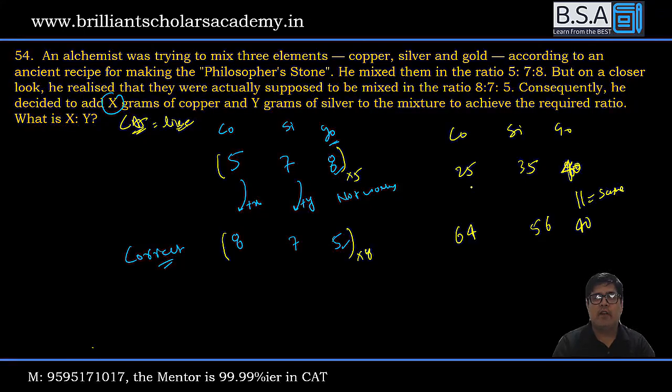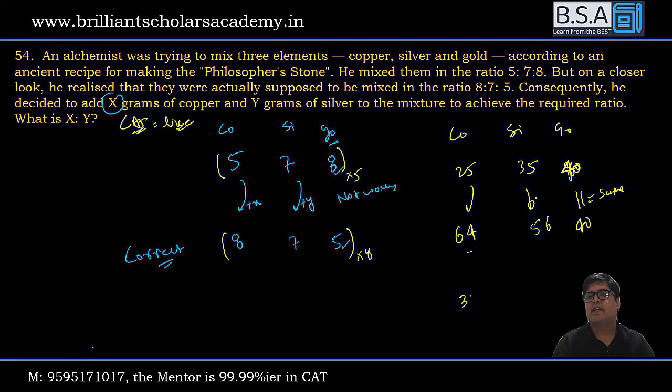So you can see the amount of increase here. The amount of increase here is, I'll say, 39. Check the plus and minus. 8 into 8 is 64, and 56. What is the increase here?